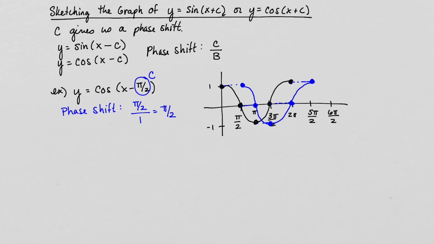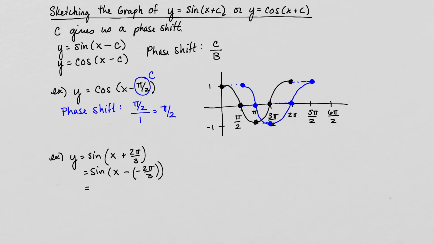So let's try another one here. Let's look at y equals the sine of x plus 2 pi over 3. So in this problem, we don't have a subtraction sign in the middle here, but to be able to calculate that phase shift, we need that subtraction sign. So I'm just going to rewrite this. The important thing to remember is you could actually rewrite an addition sign as 2 negatives, so it's x minus minus 2 pi over 3.